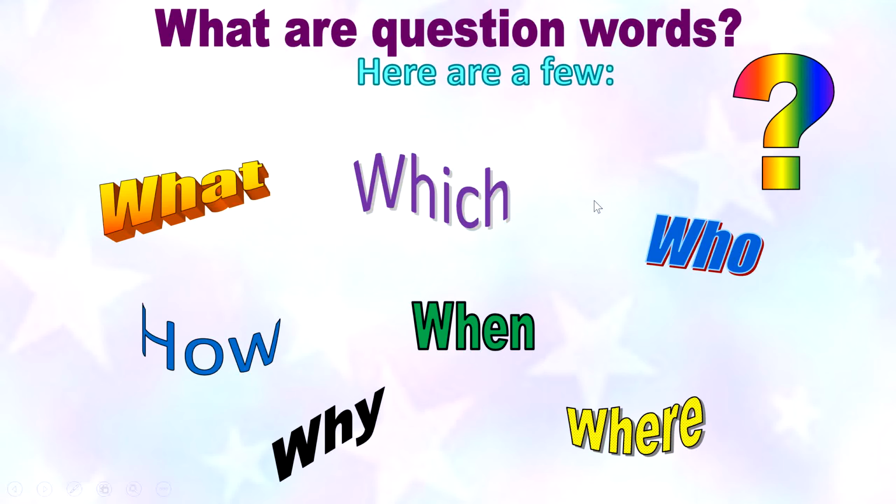Again. What, which, who, how, when, why, where. If you find any of these at the beginning of a sentence, they make the sentence a question. All of them begin with WH except how. So keep these words in your mind.